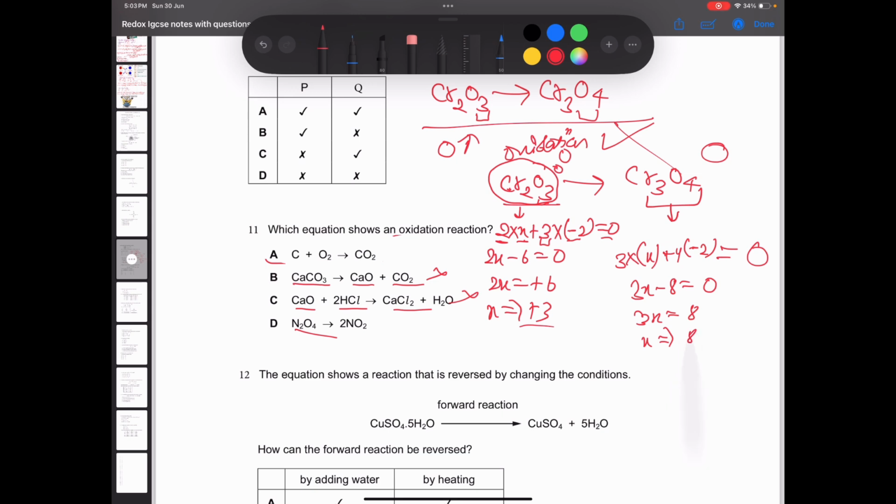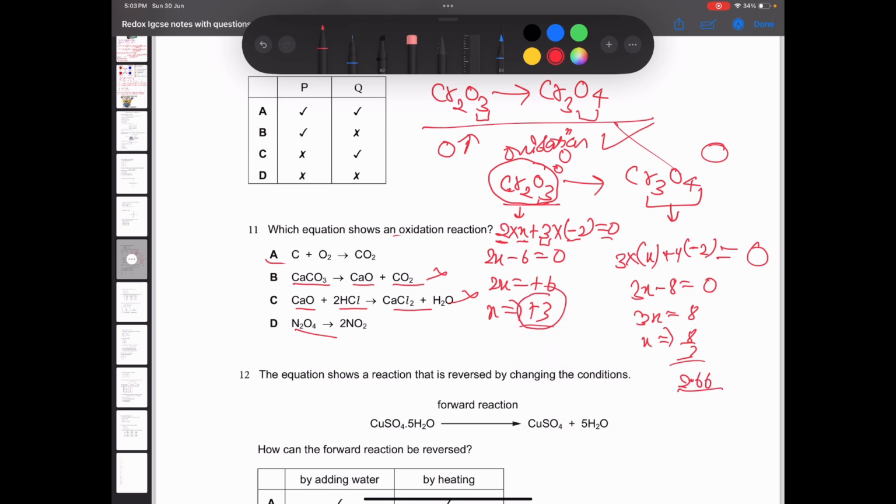X is equal to 8 by 3. Alright? So what is 8 by 3? 2.66.